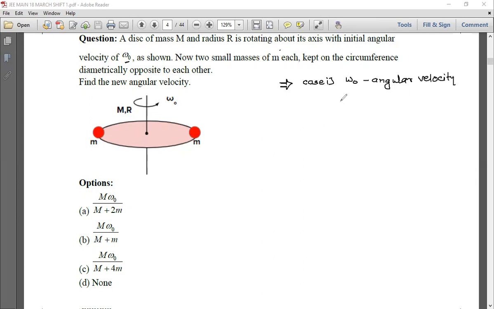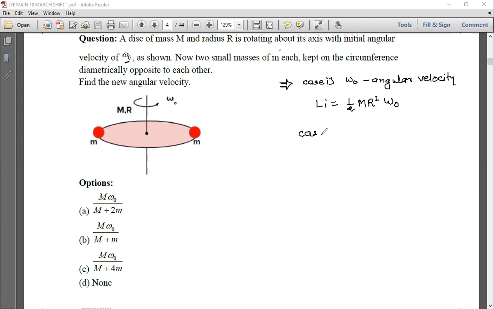Right. Now, the initial angular momentum in the first case is what? Half M R square into omega naught.